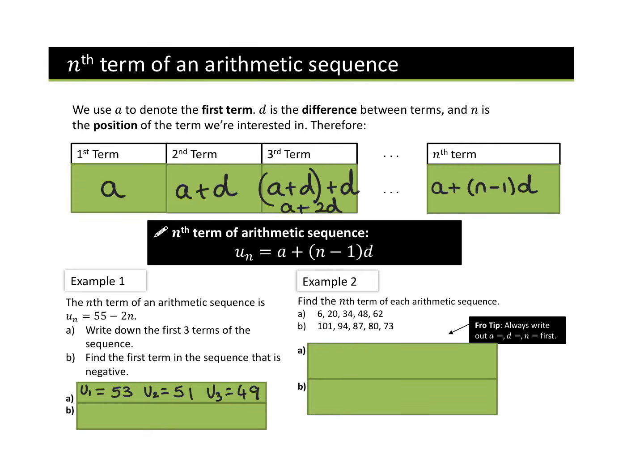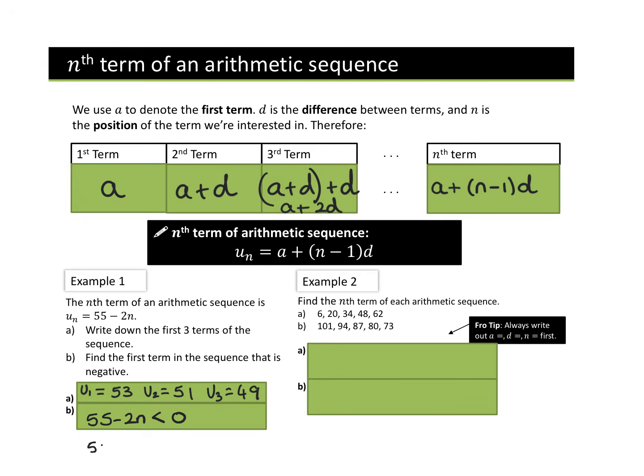Then it says, find the first term in the sequence that is negative. Okay, if I have a negative number, that means the number is less than 0. So technically, I want to know, when is 55 minus 2n less than 0? I don't need to sit there and put numbers in. We're mathematicians. Let's do this properly.